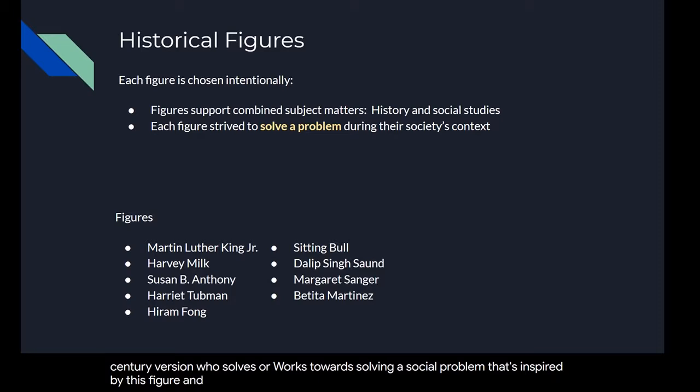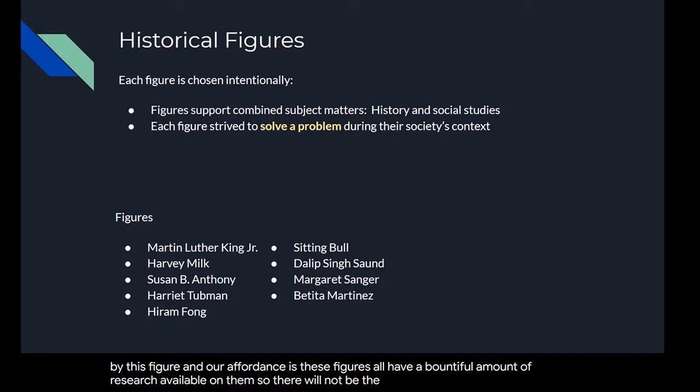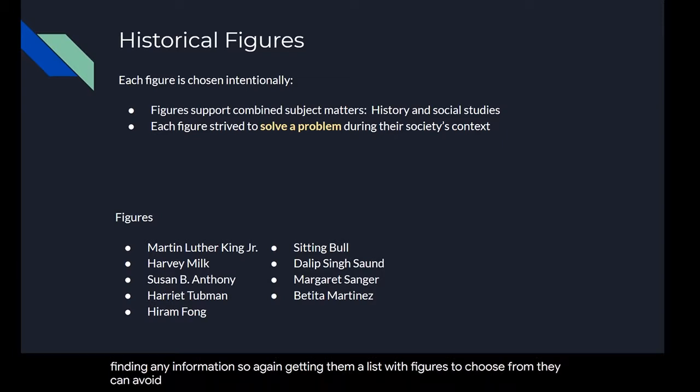And another affordance is these figures all have a bountiful amount of research available on them, so there will not be the constraint of researching and not finding any information. So again, giving them a list with figures to choose from, they can avoid that potential problem while they're researching.